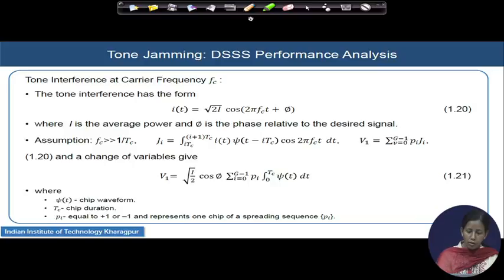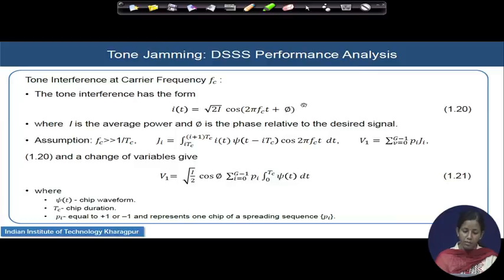IT will look like equation 1.20. It has an average power called I, and it has a carrier frequency exactly the same as our intended frequency of transmission, and phi is the phase associated with signal IT relative to the desired signal.